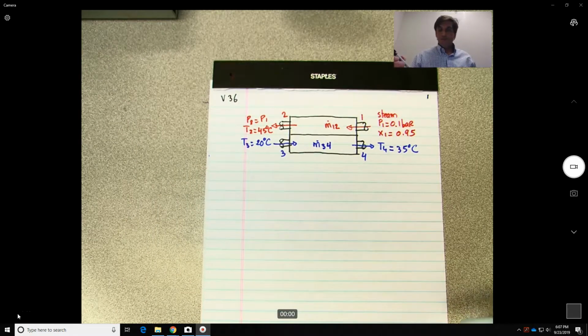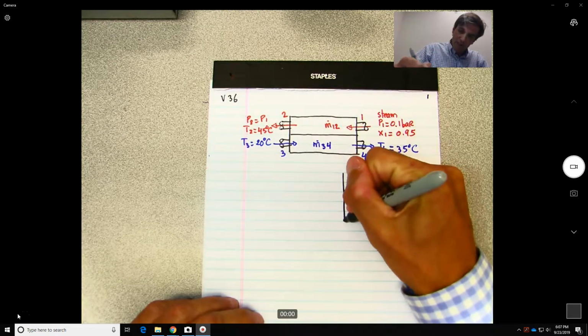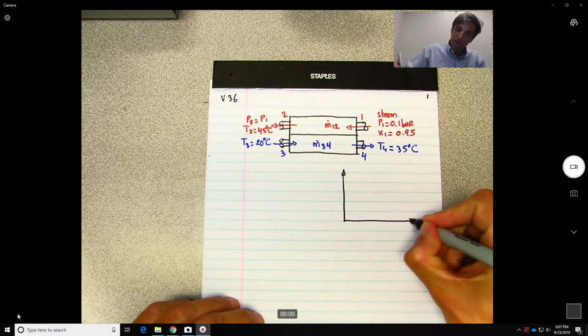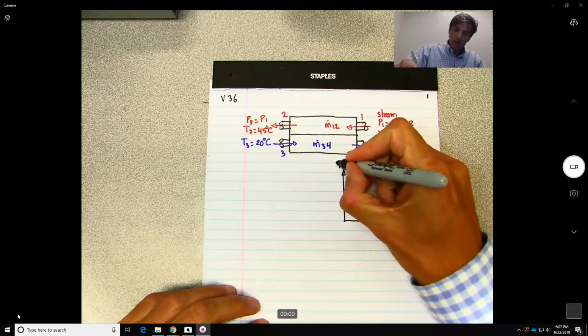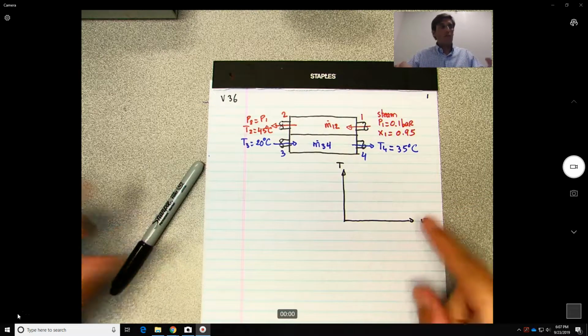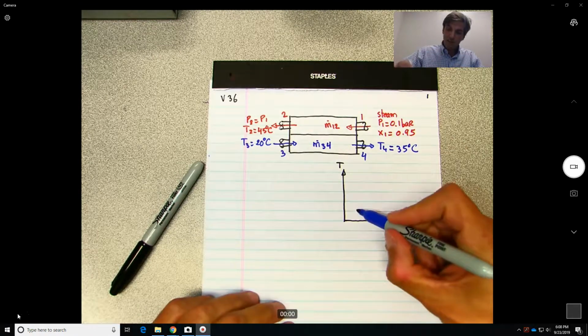Alright, so once we have this, it might not be 100% necessary, but it's always a good habit to do this figure over here, a T-v or P-v diagram. In this case, I'm using the T-v because they tell us there is a constant pressure in both cases.